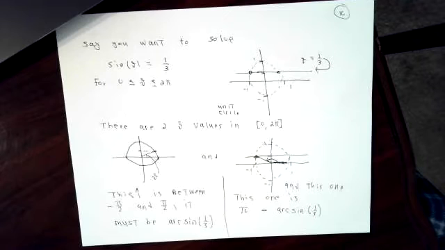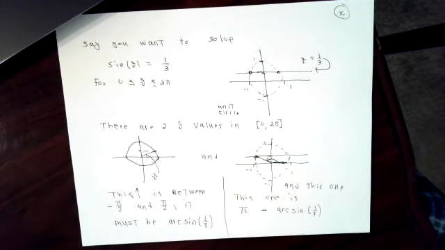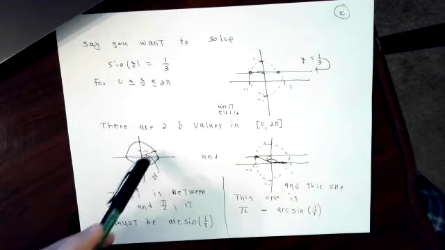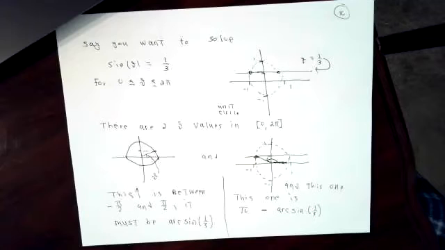But you haven't quite gone that far. You are short by this amount, which we've said previously is the same as this amount. So this angle is pi minus whatever arcsine of 1/3 is. So I claim that in the range of angles from 0 to 2 pi, there's only two angles that make sine of theta equal to 1/3, and there they are.